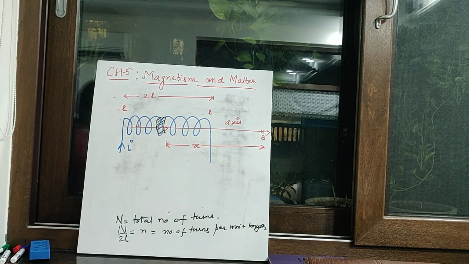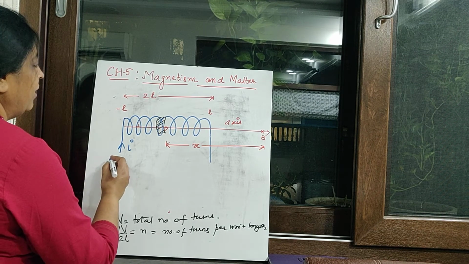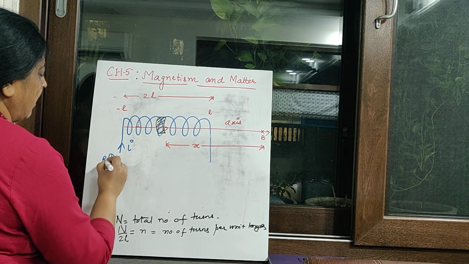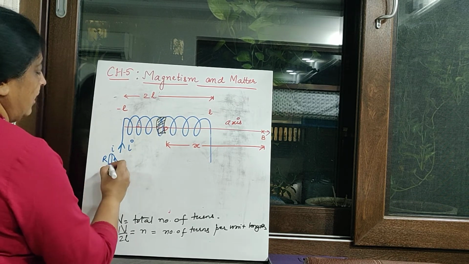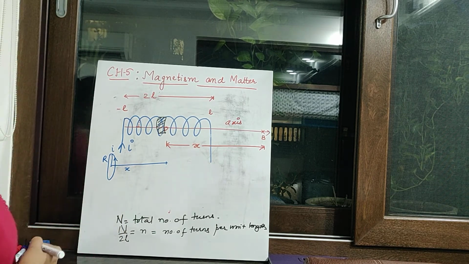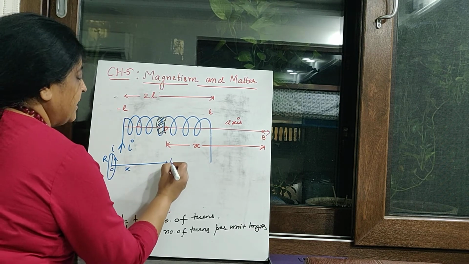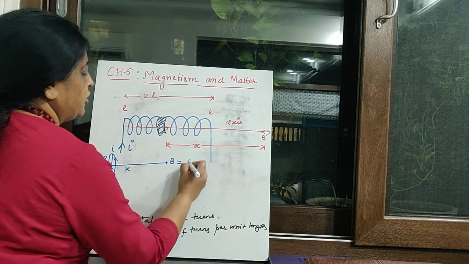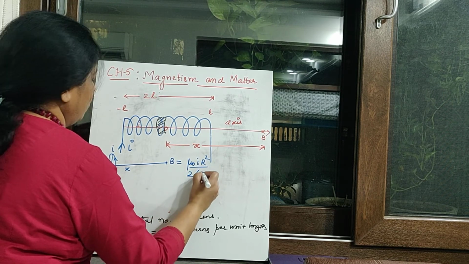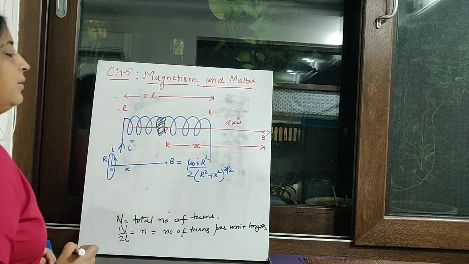Now there is one result that you all have to recall from your previous video: if we have a circular loop of radius r which carries a current I, then at any axial point which is x distance away from the center, the magnetic field at this point is given by the expression mu naught I r square divided by 2 into (r square plus x square) raised to the power 3 by 2.